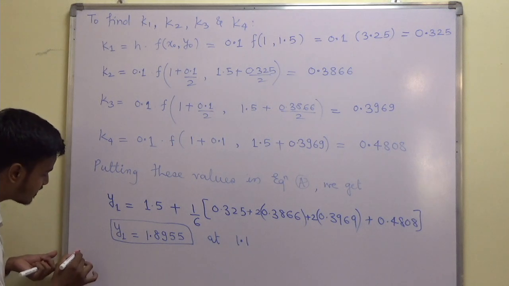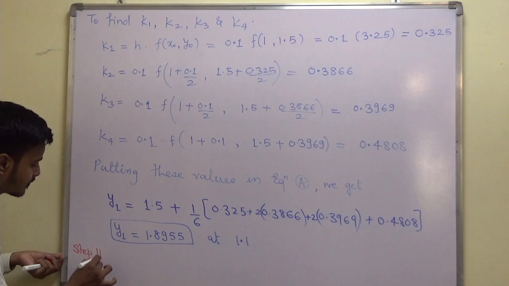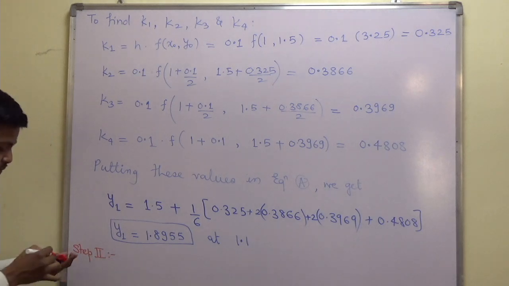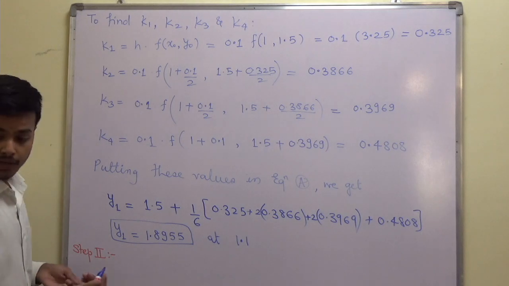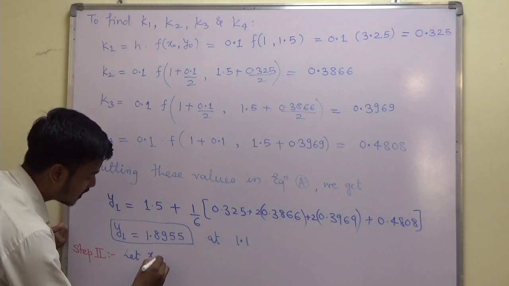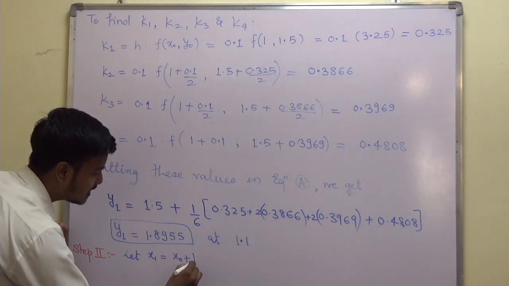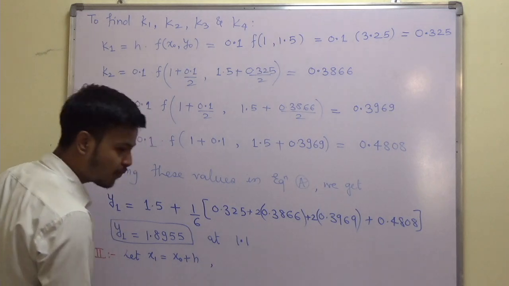So you can write step number 2. In step 2 we need x1. So let x1 be equal to x0 plus h. And what else do we want?